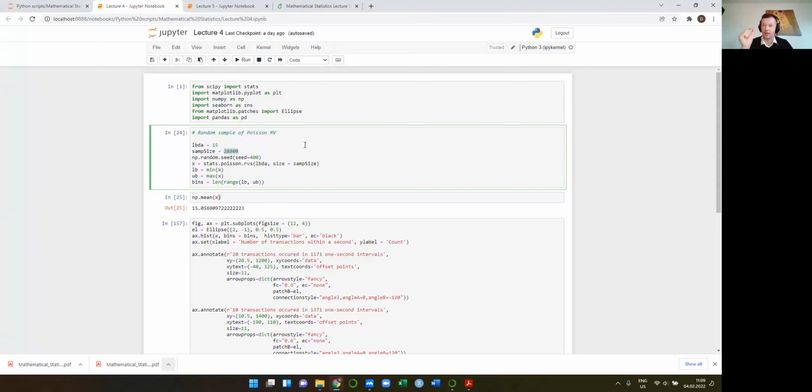And inside 1 hour, I will also collect the number of transactions occurring every second, but only within 1 hour. So 1 hour will produce 3,600 observations, right? So 60 minutes times 60 seconds. So in 1 hour, my sample size is going to be this.